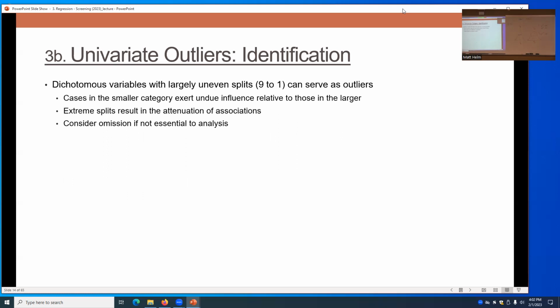We don't think about dichotomous variables as having a distribution, a normal distribution. But if I've got hugely unbalanced groups, again like a 9-to-1 situation, what ends up happening is any individual in that smaller set is having a much bigger impact on the overall outcome relative to any one individual in the bigger set, right?